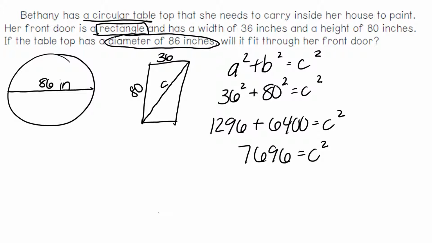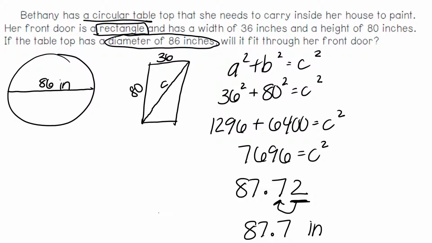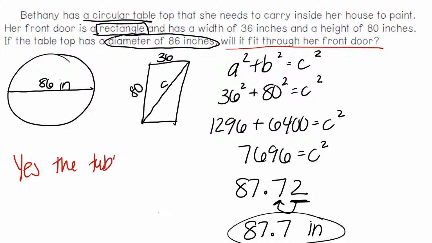Last step of the Pythagorean theorem is to take the square root, and we get 87.72. 4 and less rounds down, 87.7 inches. 87.7 is greater than the 86 for the table. So to answer the question, will it fit through her front door? Yes. The table will fit through the door.